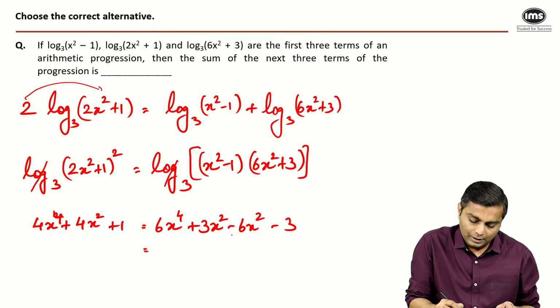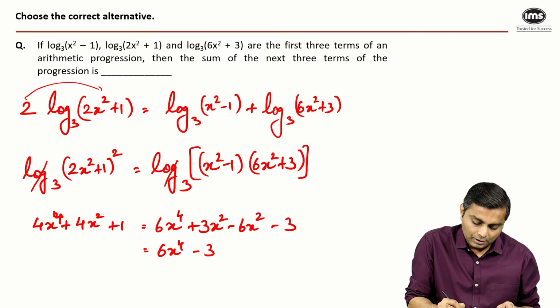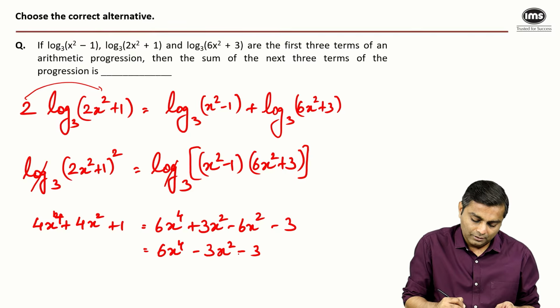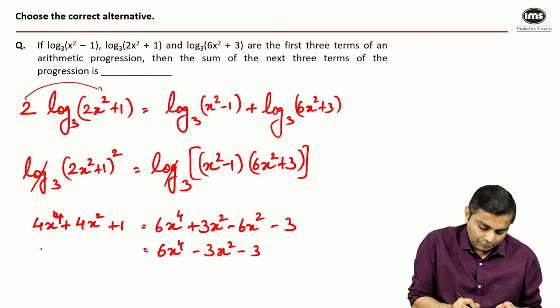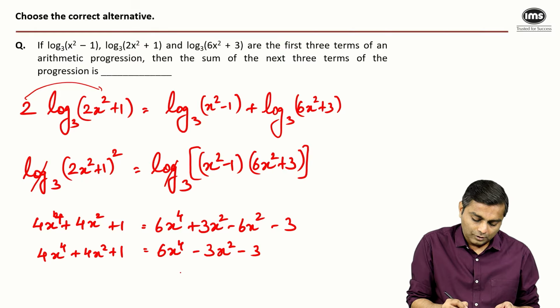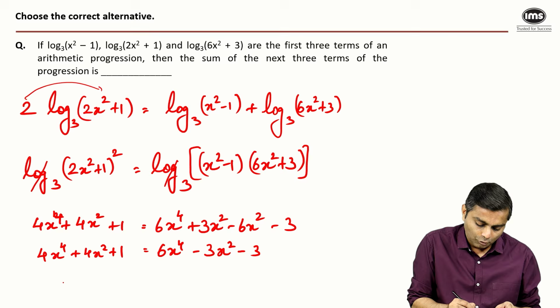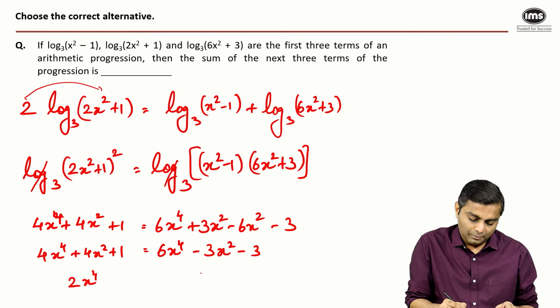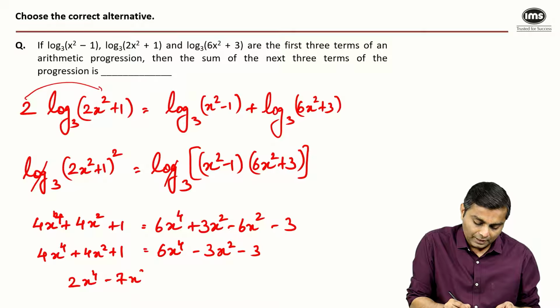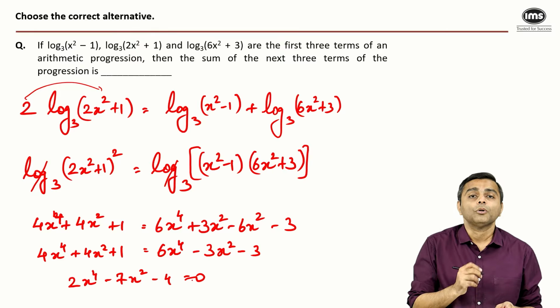So this is 6x raised to 4 minus 3x square minus 3, and here this is 4 times x raised to 4 plus 4x square plus 1. So if I solve this, you will get 6x4 minus 4, 2 times x raised to 4, minus 3x square minus 4 is minus 7x squared, and minus 3 minus 1 is minus 4, is equal to 0.